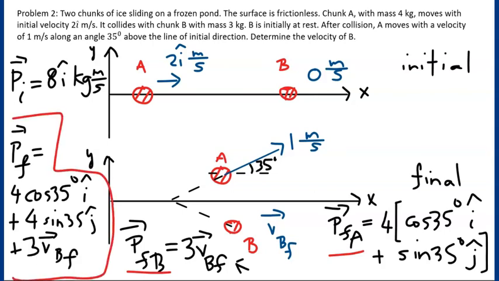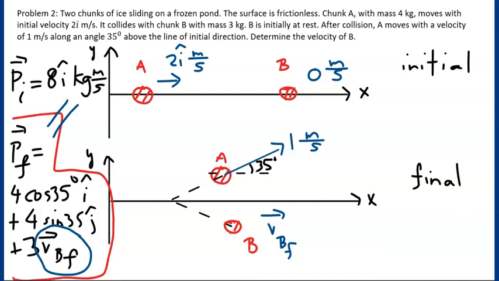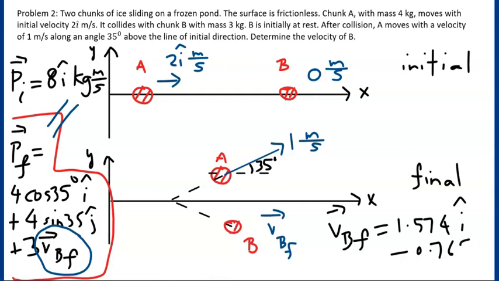Now we have to equate that to that, and we can figure out the only unknown, which is the final velocity of object B, which will turn out to be 1.574 i hat minus 0.765 j hat meter per second.